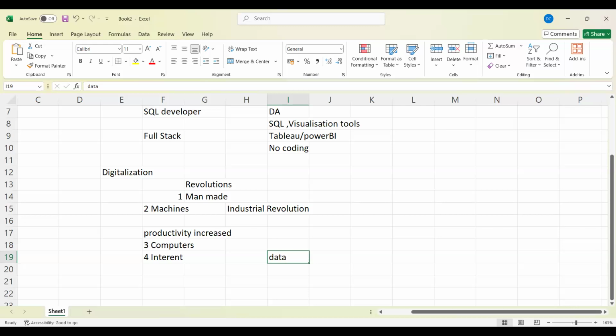We are depending on the internet a lot. With all these things, a lot of data is being generated. If we have this much data, there should be some better way of storing the data, correct? There should be the best ways to store the data, right?